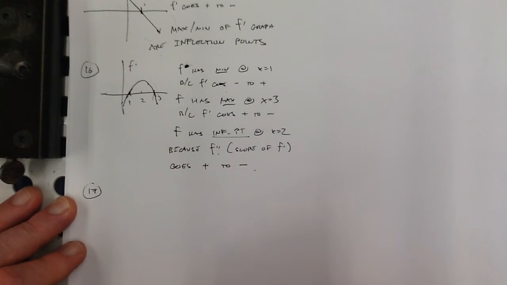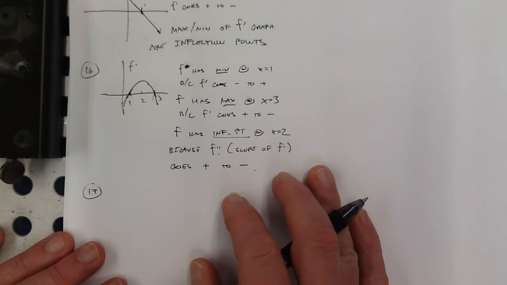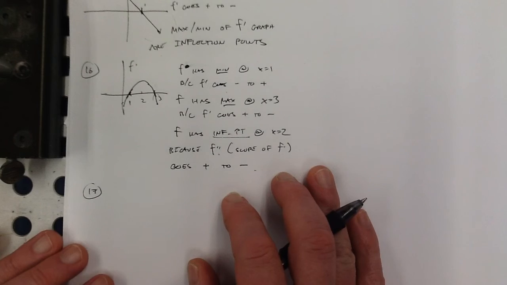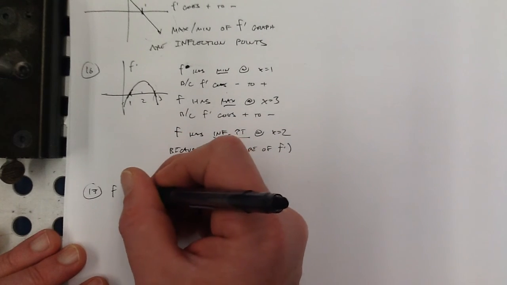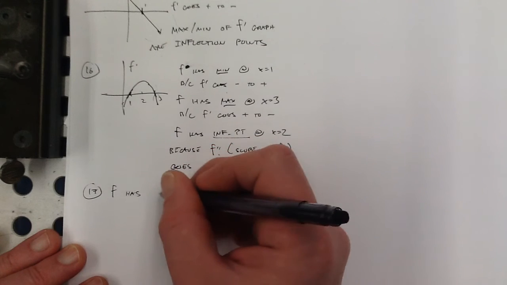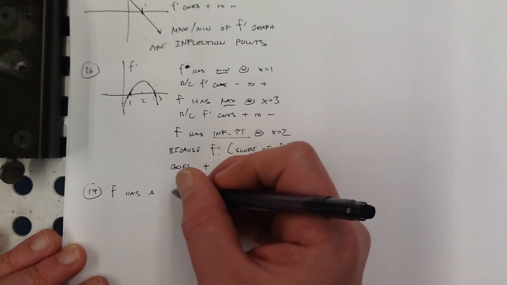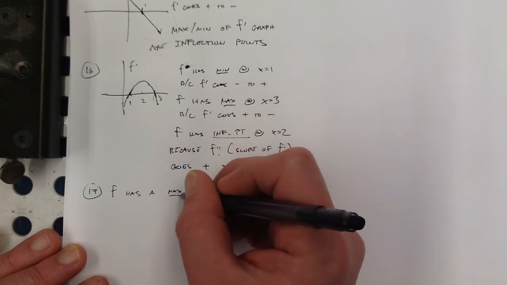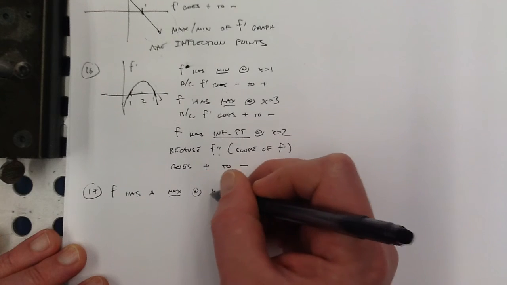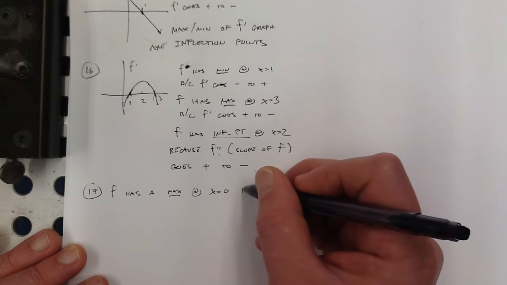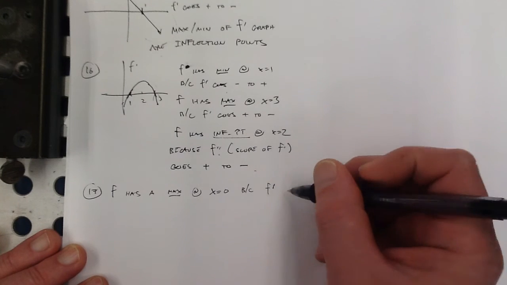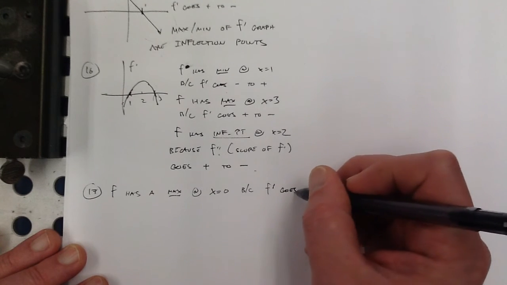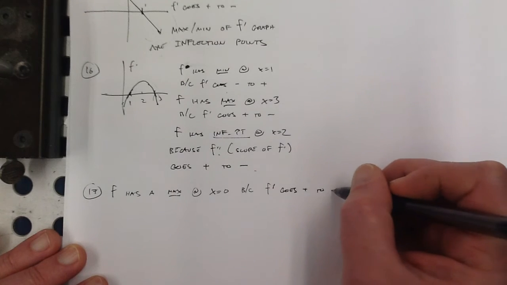Number 17, you're looking at the graph, so I'm not going to recopy it. I'm just going to say that f has a maximum at x equals 0 because f prime, which is what we're looking at, goes positive to negative.